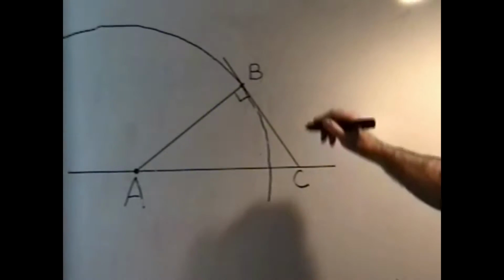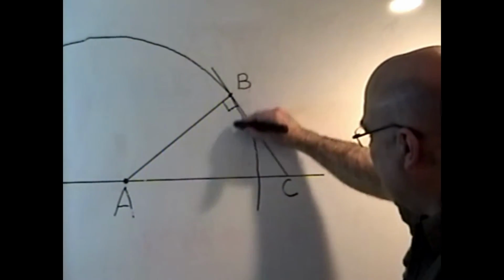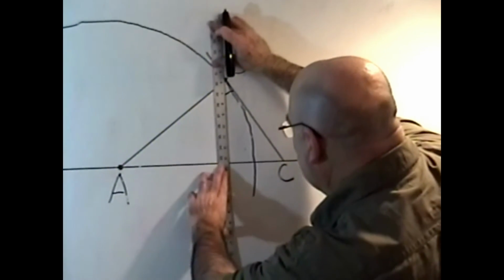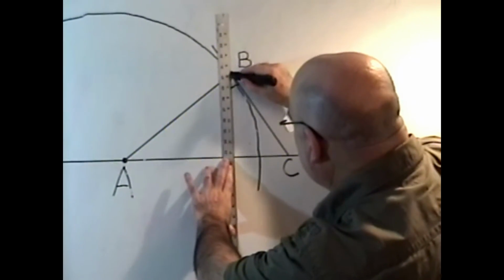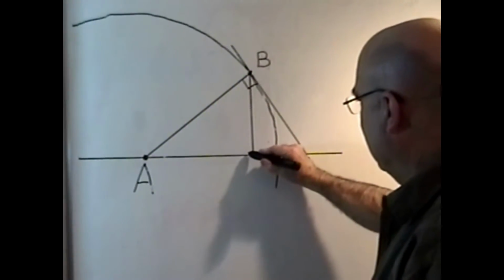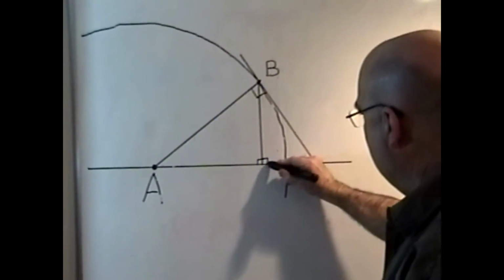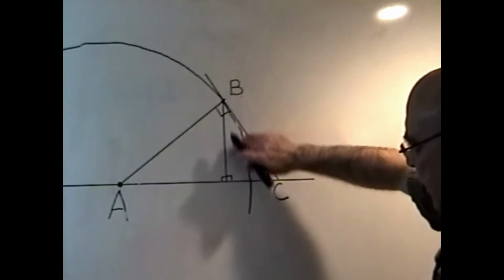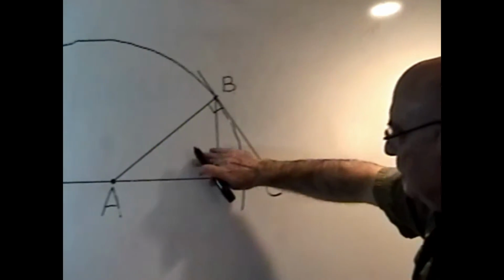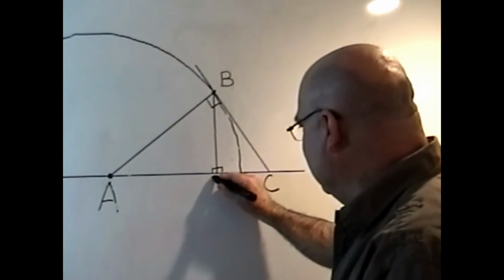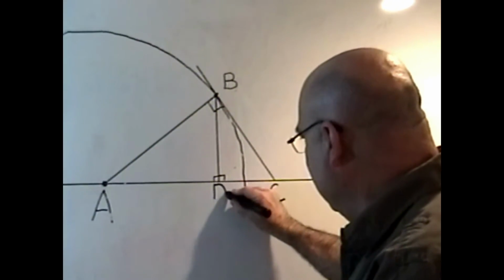Next, we're going to draw a line straight down from B to the equator to form two more right triangles. And whenever we take a right triangle and cut it into two smaller right triangles, the two smaller right triangles always have the same shape. Now we're going to call this point D right here.